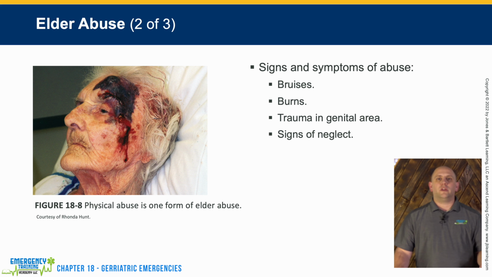Once again, look for trauma in the genital area if we suspect sexual abuse in this population. And then any sign of neglect or appearance of malnutrition is another thing that we want to look for.